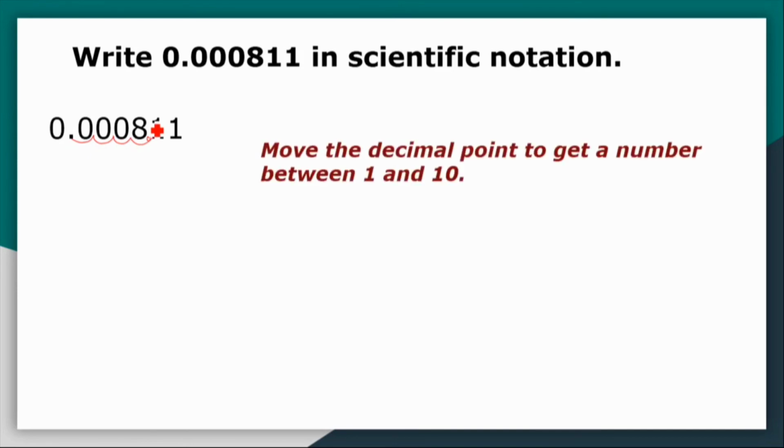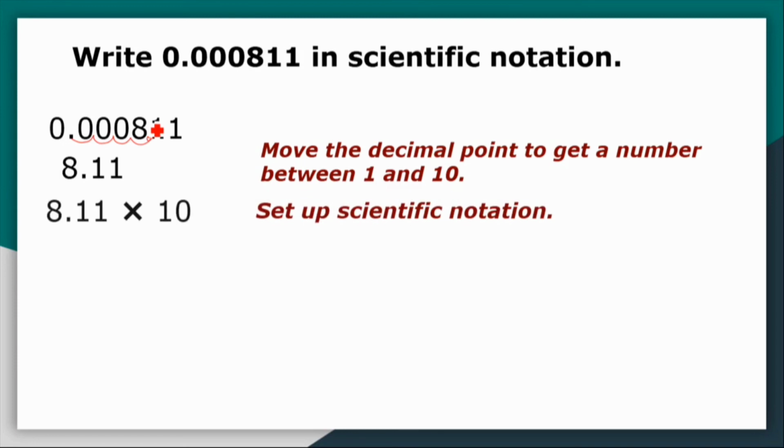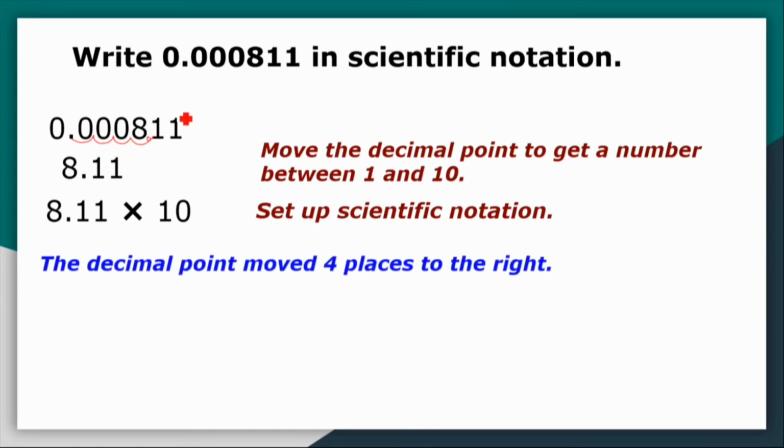So we have 8.11. Next, what we're going to do is to add the scientific notation. So 8.11 times 10. Now again, how many times did we move our decimal point? 1, 2, 3, 4. 4 times, going to the right. So it means we're going to have a negative exponent.